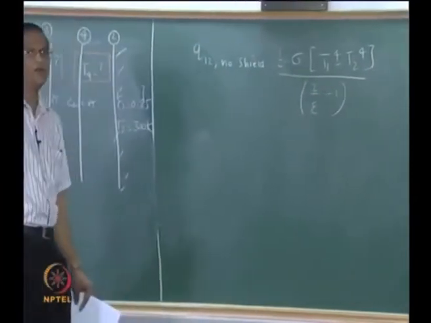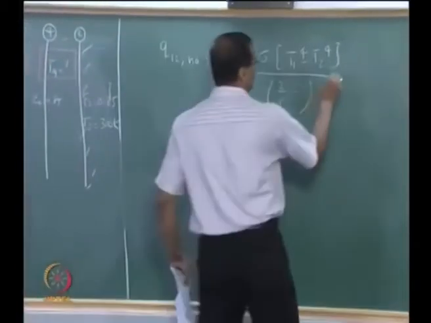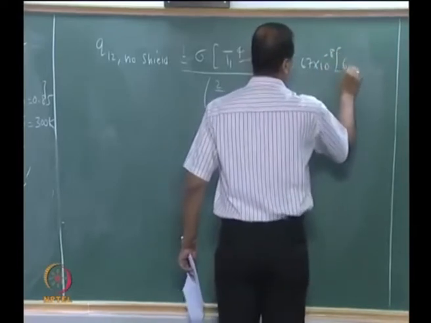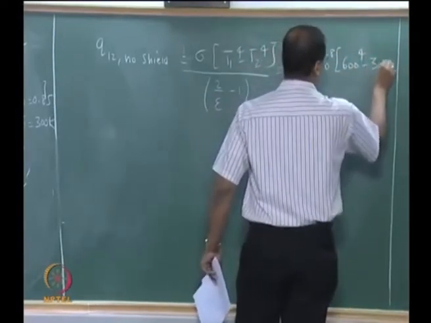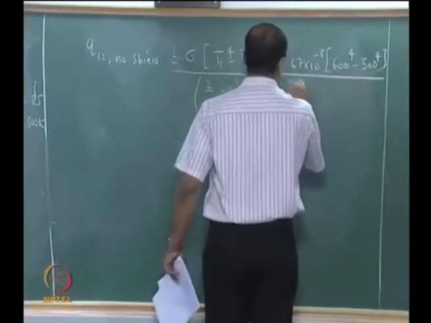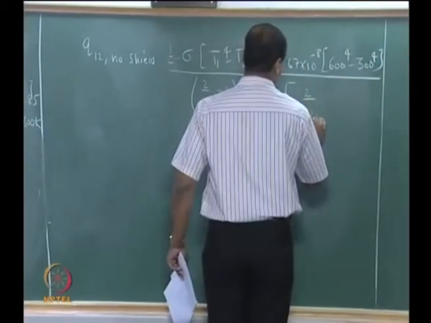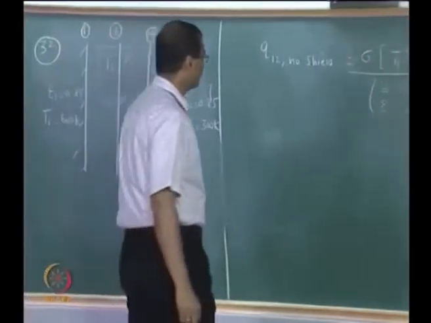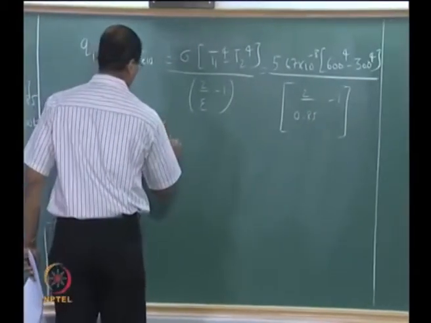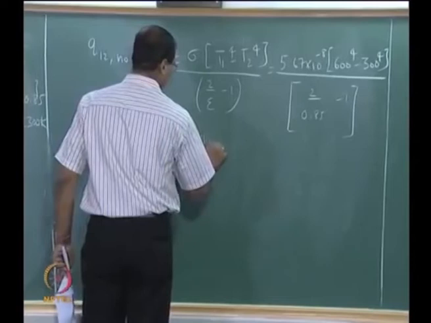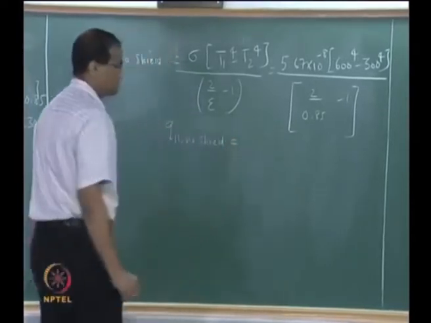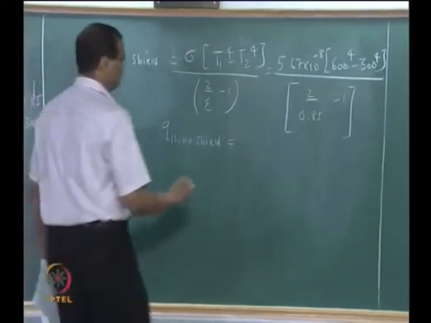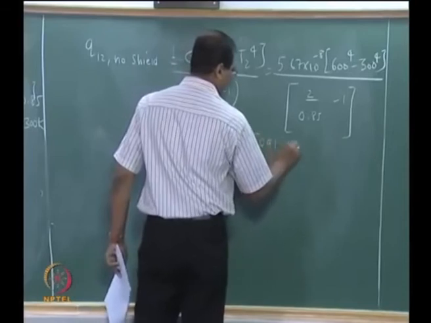First we will write the Q12 no shield. 5091.9. What are the units?